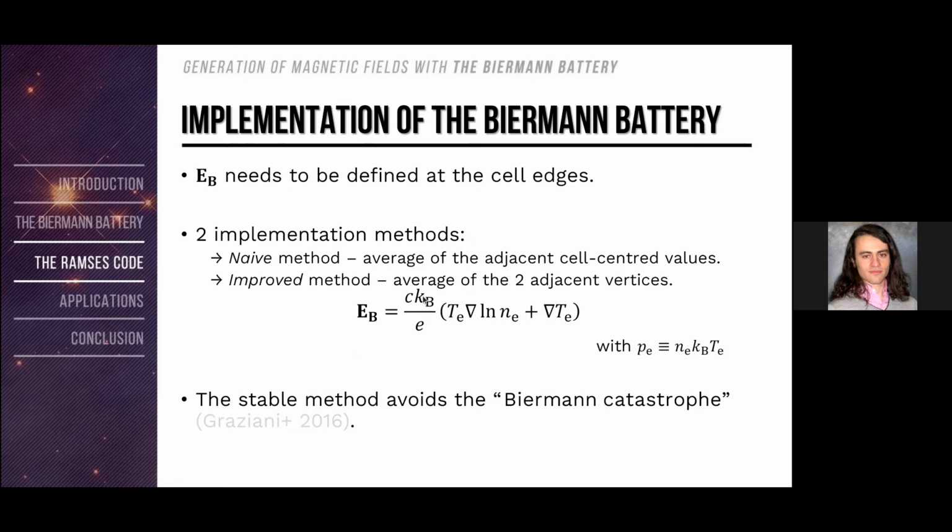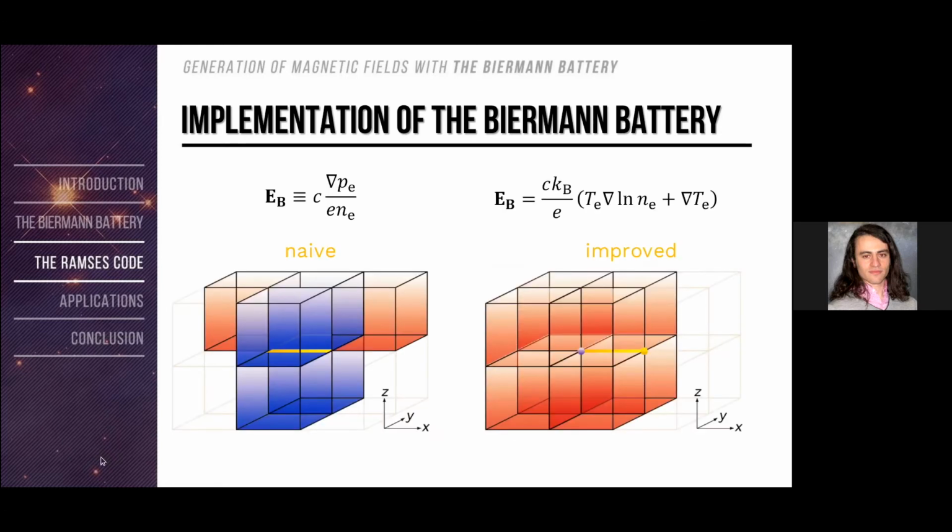To summarize the two methods, this figure illustrates how it is computed for each. First, for the naive method, the orange cells here are used to estimate the spatial gradient of the electronic pressure at the center of the purple cell they frame. And the Biermann electric current is computed at the golden edge by averaging the value of the four centered values of the purple cells.